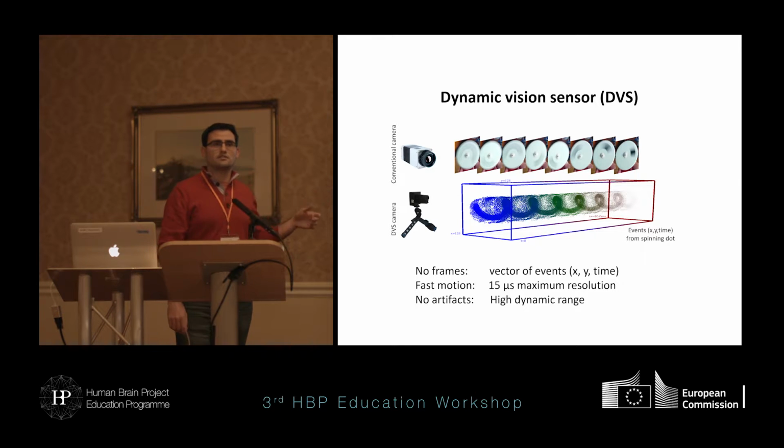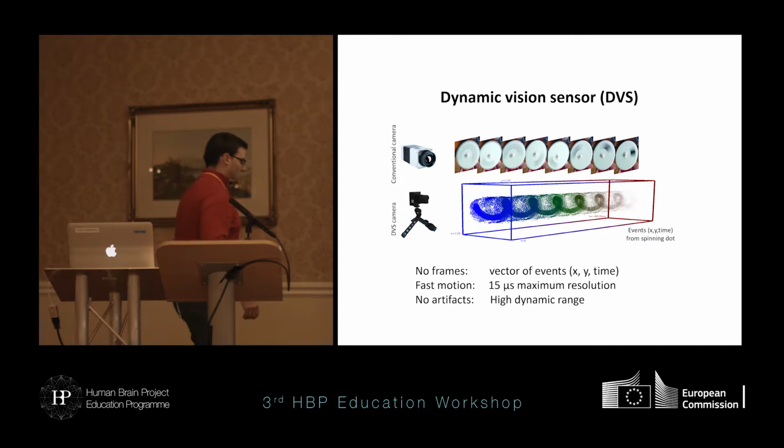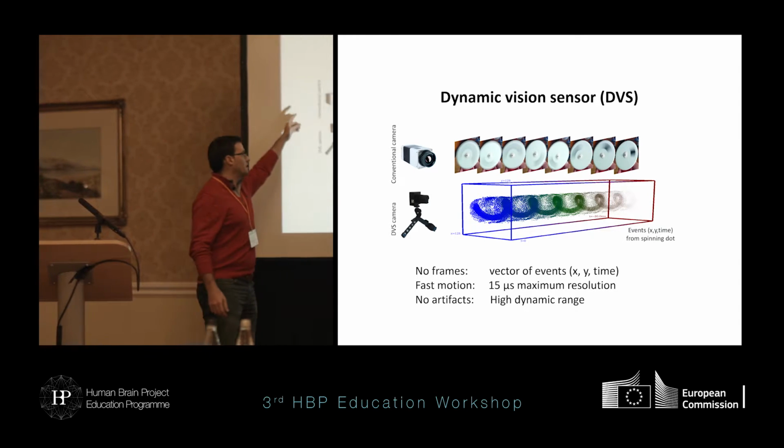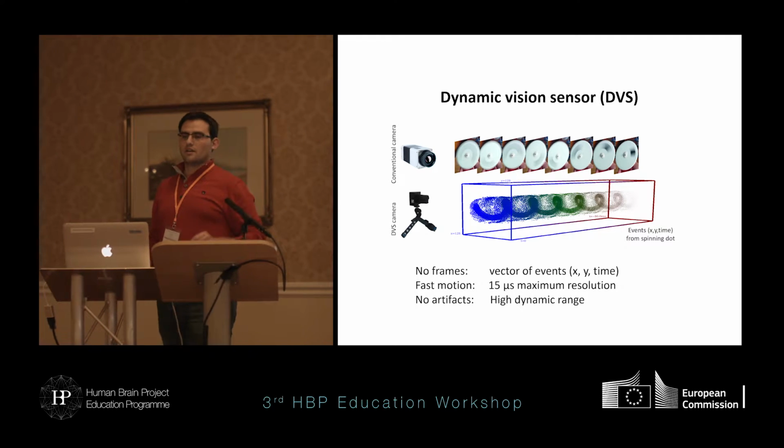So I think Alois was talking in the morning about this. The DVS is that dynamic vision sensor. It is a special sensor that tries to mimic the way the transient pathway of the vision system works, right? So instead of seeing images like what you see in a conventional camera, it sees only the changes that happen in the scene.